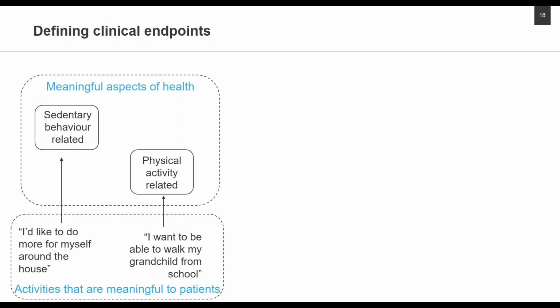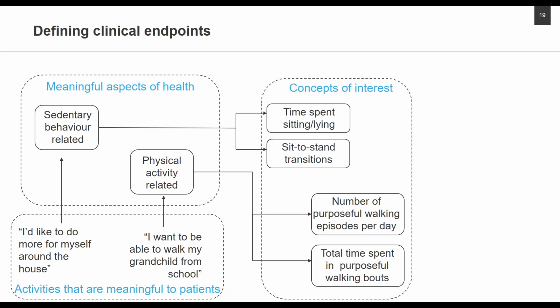If you go click again, please, Chris. So based on that, we can start to develop concepts of interest. So let's think about the physical activity one, and this short walk, being able to conduct that short walk to and from school. So maybe a concept of interest would be around purposeful walking episodes, however we define those.